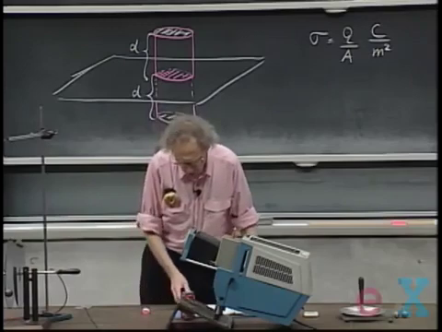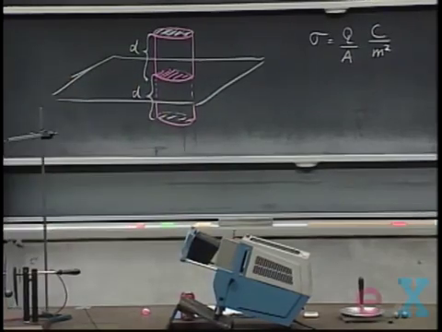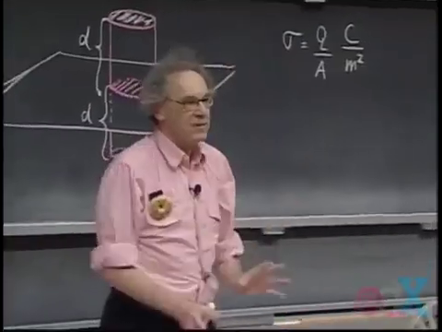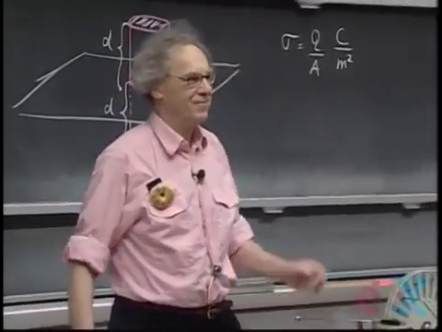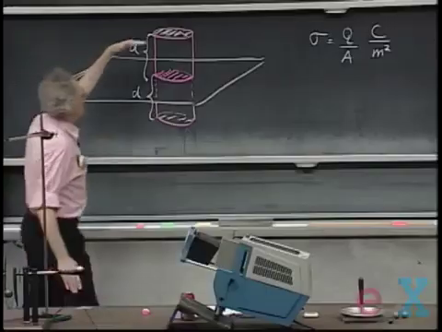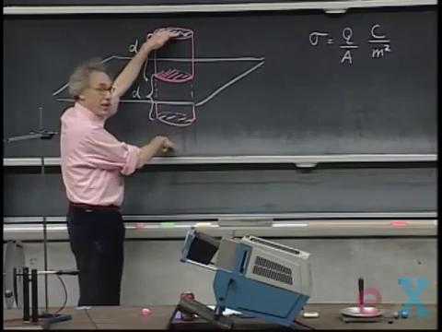If you work this out at home, you will find an amazing result. You will find that the electric flux through these vertical walls is zero. Nothing comes out through the vertical walls. Think about it, why that is. Use symmetry arguments. But something comes out here or comes in here if it is a negative charge, and something goes out here.